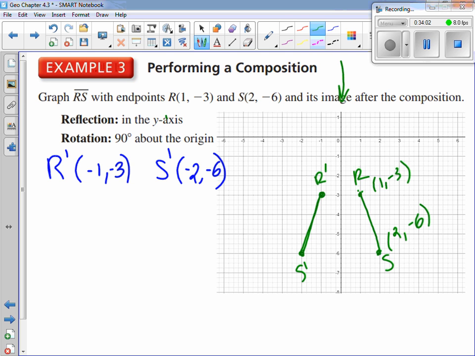So we finished the first one. Now we want to rotate 90 degrees about the origin. So we're going which direction? Counterclockwise. We reflected it across the y first. Now to go 90 degrees about the origin, we flip it and make the first one negative. So negative 3 comes up front and becomes positive.